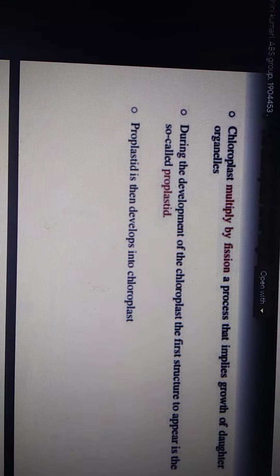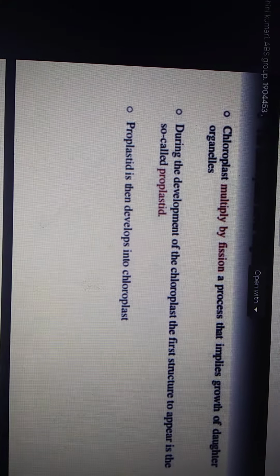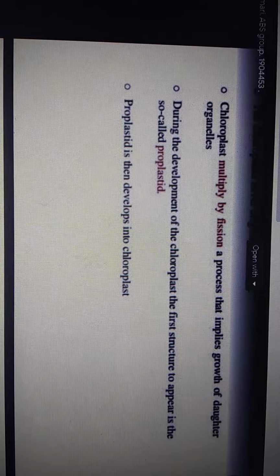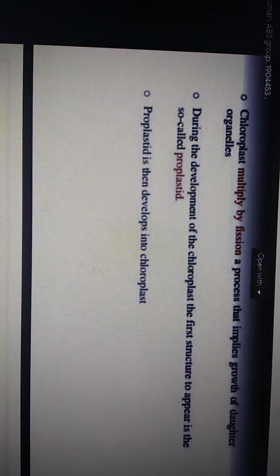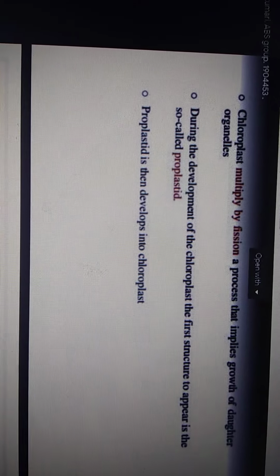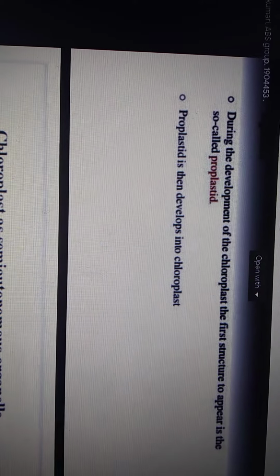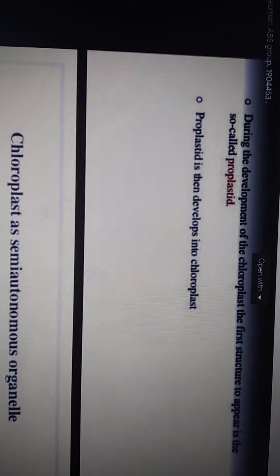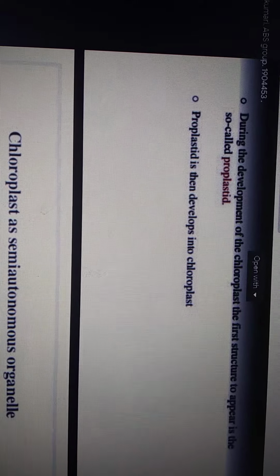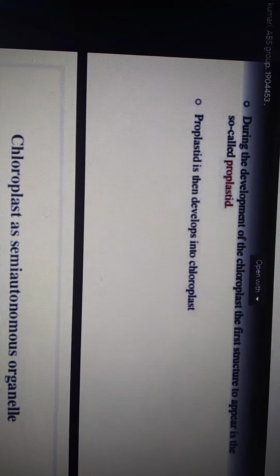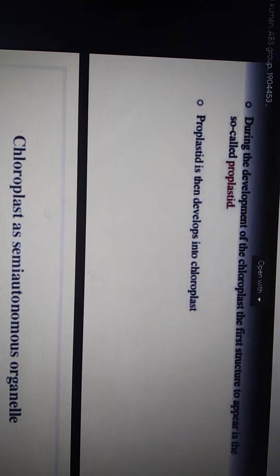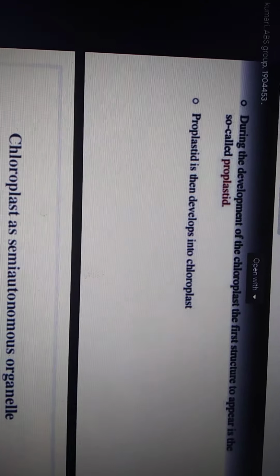Such meristem contains proplastid, which through differentiation converts into the chloroplast. So during the development of the chloroplast, the first structure that appears in the meristematic tissue is proplastid, which converts into the chloroplast, or it may convert to other kinds of plastids also.